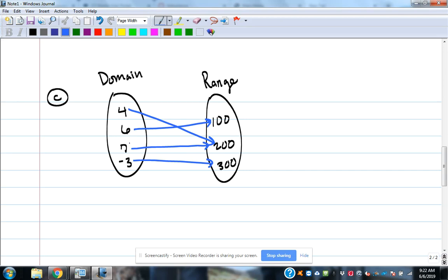And there aren't in this one. It's okay that we have the y value 200 repeating. That's legal. You can do that. But you cannot repeat x values. None of the x values have two arrows coming from them, so that makes this one a function. Yes, this is a function. So remember, y values are okay to repeat, x values are not.